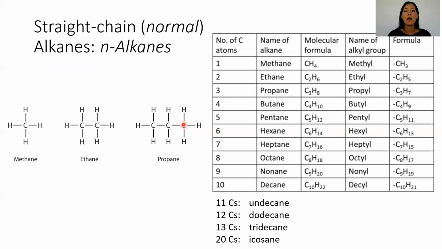Let's look at some key straight chain normal alkanes, given the n symbol for normal. That just means straight chain because there's no branching. Methane, ethane, propane. All of these prefixes depend on how many carbons you have. Know these, memorize these in the box. So if I have a 6-carbon chain, it's hexane with this formula.